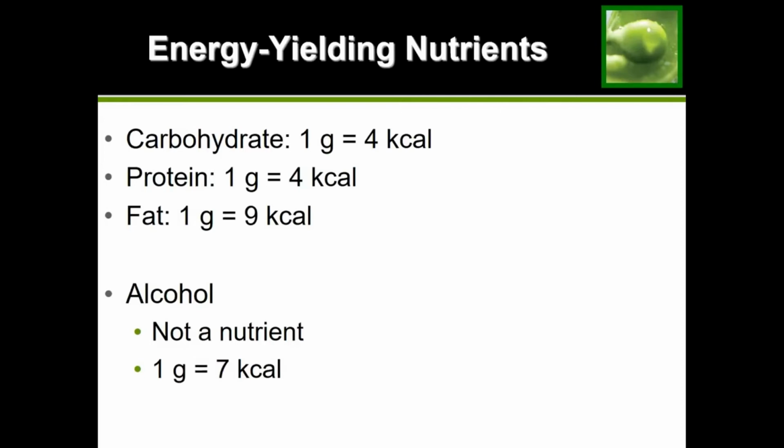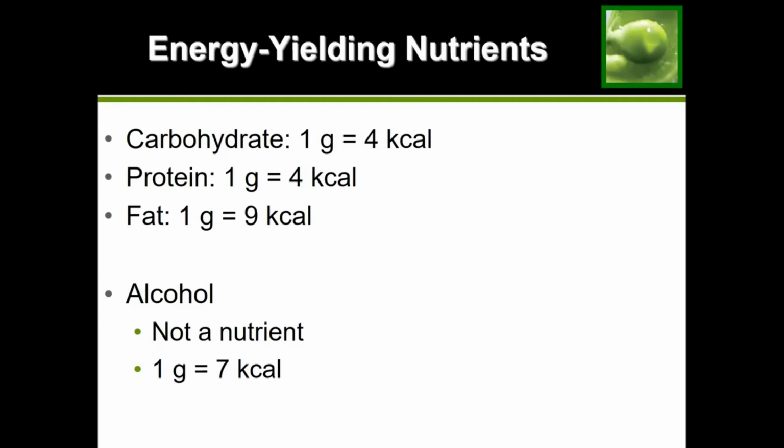And the reason for that is because technically it is not a nutrient. Alcohol is classified as a toxin, and so that's why it's not part of the energy-yielding nutrients, since it's not a nutrient itself. But I did want you guys to know how many calories it provides, so I have it up here for you. Again, 1 gram of alcohol will give us 7 calories.